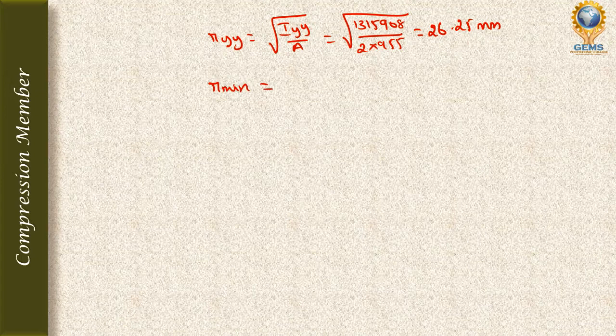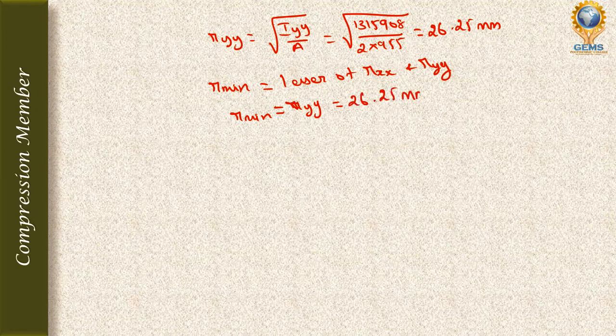So R minimum is lesser of RXS and RYY. So we know RXS and RYY. The minimum is RYY value. So R minimum is equal to RYY, that is equal to 26.25 mm. This is the R minimum.